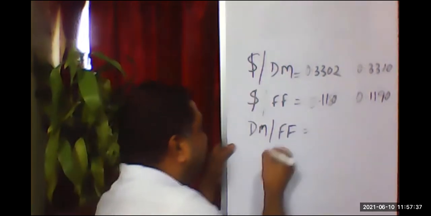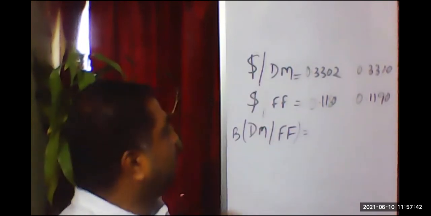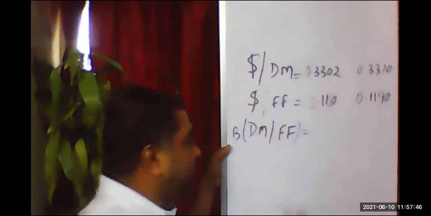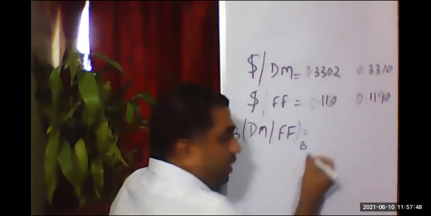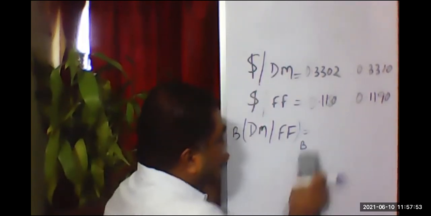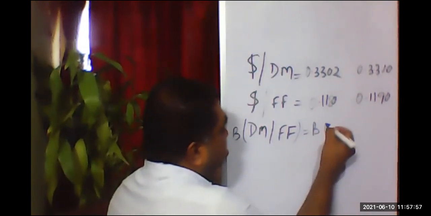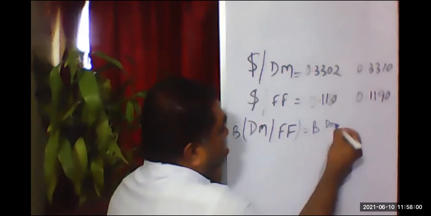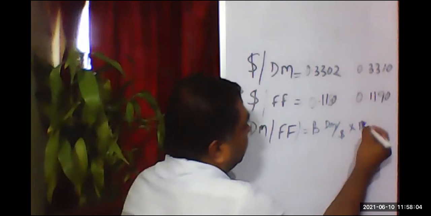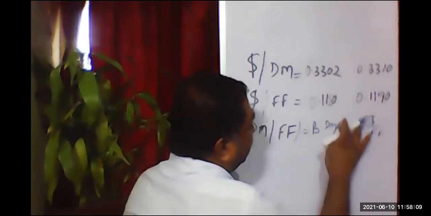Let us say we are calculating bid DM by FF. First we'll talk about the bid. Bid DM by FF means bid DM by dollar into bid dollar by FF.